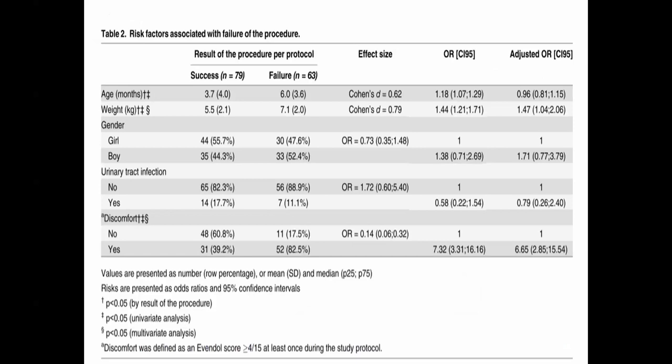But weight, on the other hand, did not cross through 1 on odds ratio or the adjusted odds ratio for gender or urinary tract infection, meaning weight truly had an effect on the success of this procedure. Discomfort as well was also measured and noted in the percentiles as discussed before.